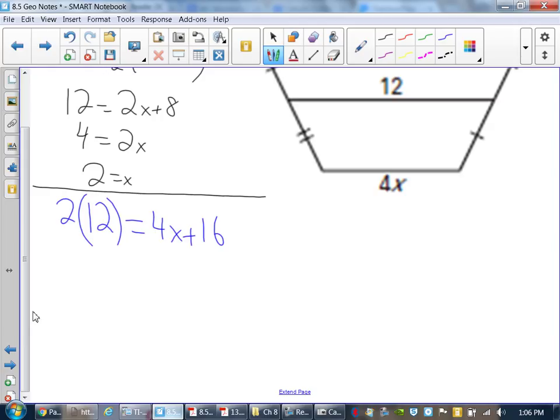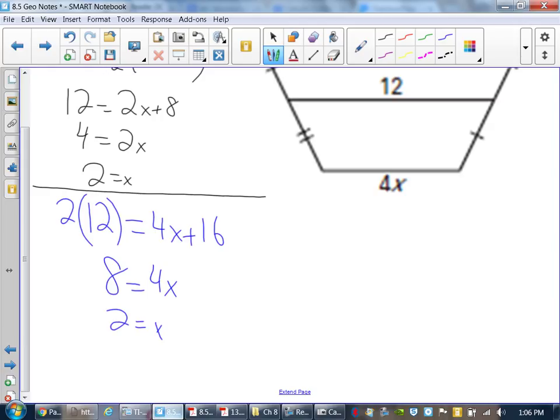What's 24 minus 16? 8. And what's 8 divided by 4? 2. You're going to get the exact same answer if you math correctly. If you don't math correctly, you're going to get different answers.